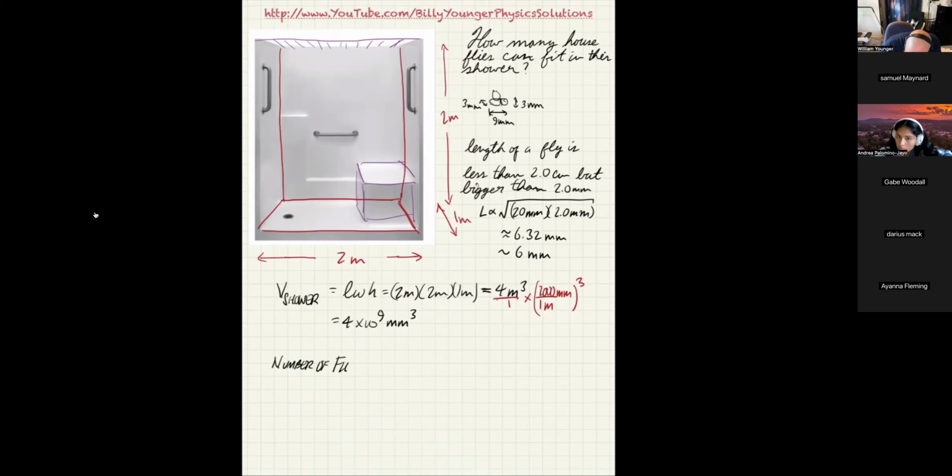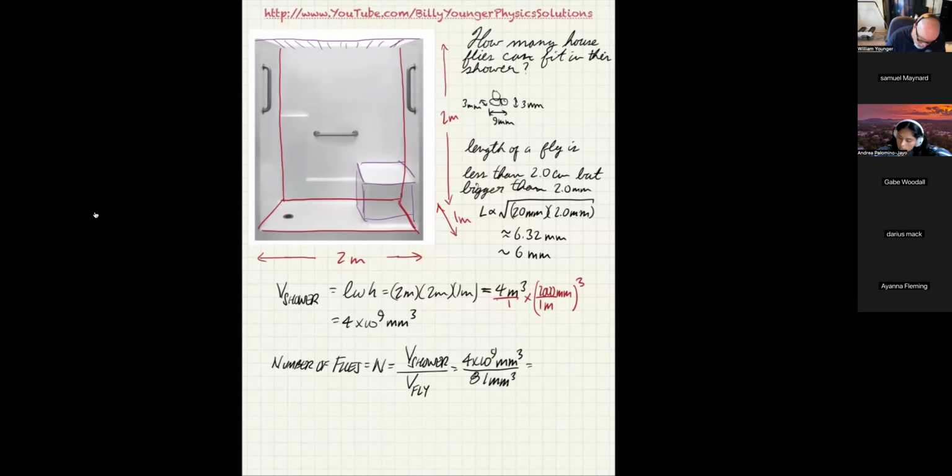So now if I want to estimate how many flies go into it, the number of flies is N, and that's going to be the volume of the shower divided by the volume of the fly. So the volume of the shower we just found was 4 times 10 to the 9th cubic millimeters. And the volume of the fly is going to be 3 times 3 times 9. 3 times 3 is 9, times 9 again is 81. So I'm going to divide it by 81 cubic millimeters.